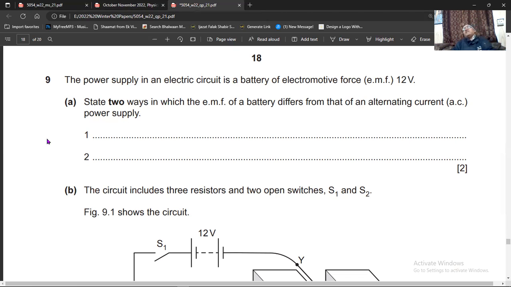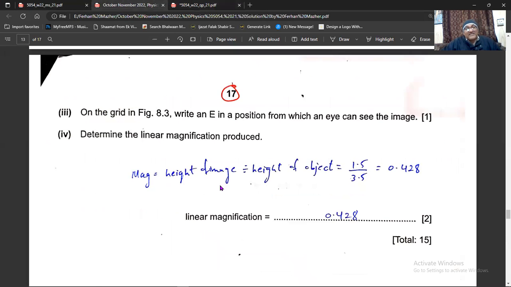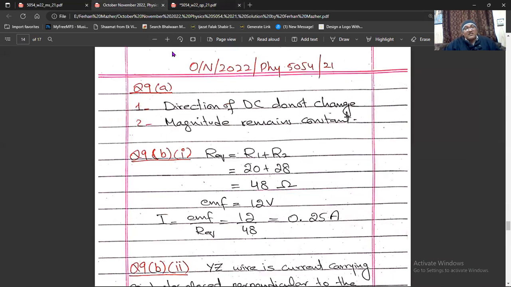Another very important thing is the magnitude of the DC EMF remains constant. The alternating EMF, its magnitude periodically changes. So these are the two main differences. Let me show you my answer.